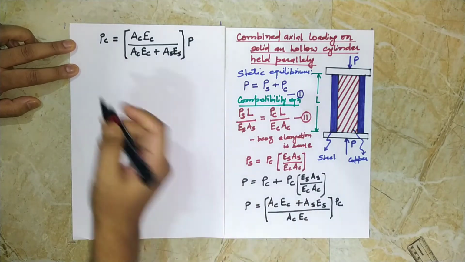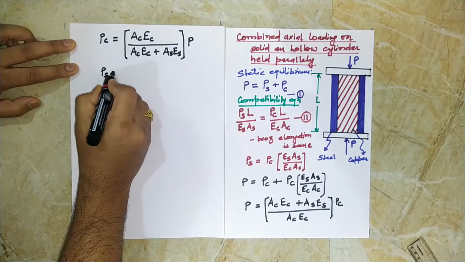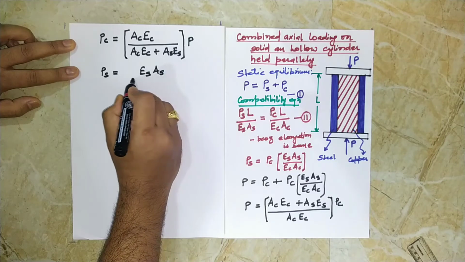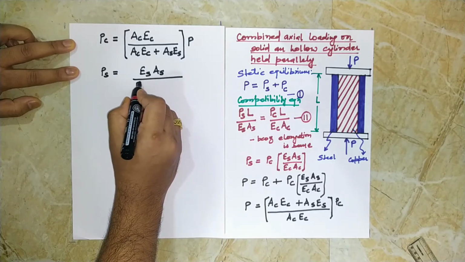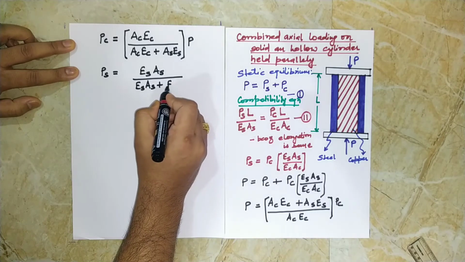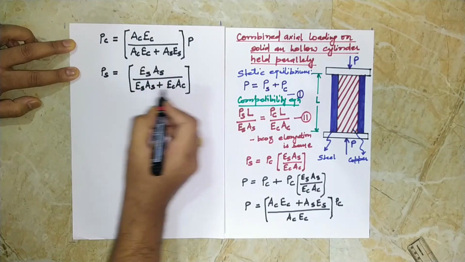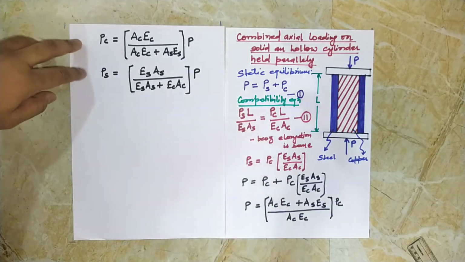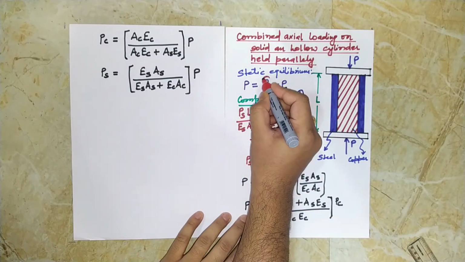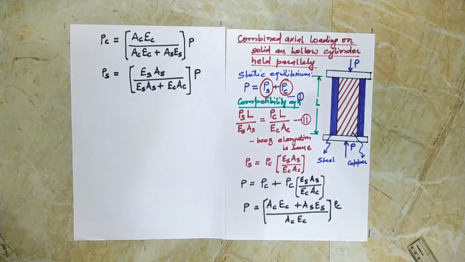Now what is the load being taken by the steel cylinder? Yes, PS is equal to ES AS by ES AS plus EC AC, into P. So now by using the compatibility equation, we found out what is the load shared by PS and what is the load shared by PC. Both of these we are able to find out here.